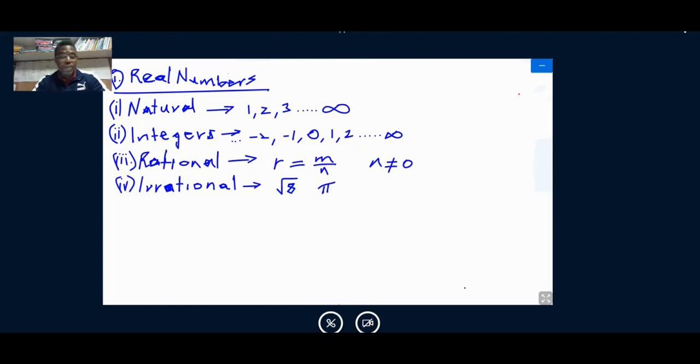Try. Do it on your calculator. You can put any number in place of M. You can put any number, then divide it by 0. You'll see your calculator is going to tell you it will return undefined. But if you put any other number, it will give you that fraction.